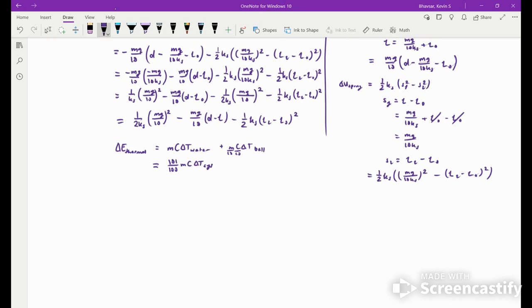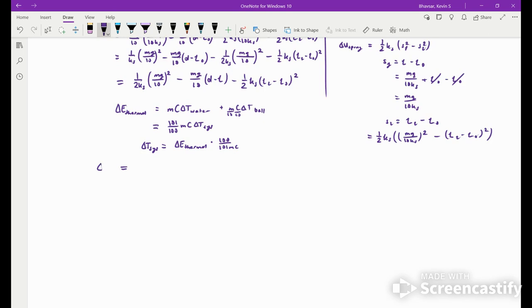We can rearrange this to isolate delta T sys, since that's what we're trying to find, and it will be equal to E thermal times 100 over 101 mc at the bottom. We can go ahead and substitute in E thermal up here.